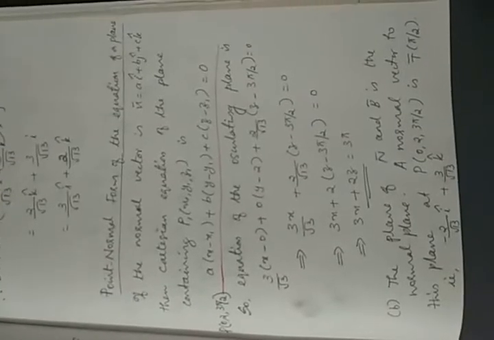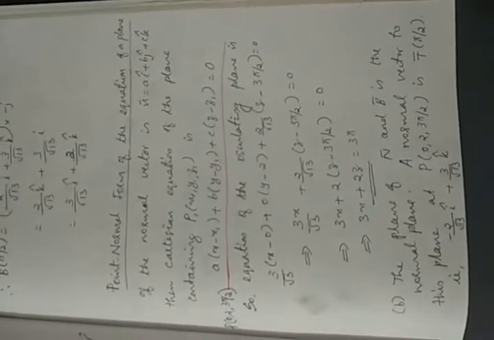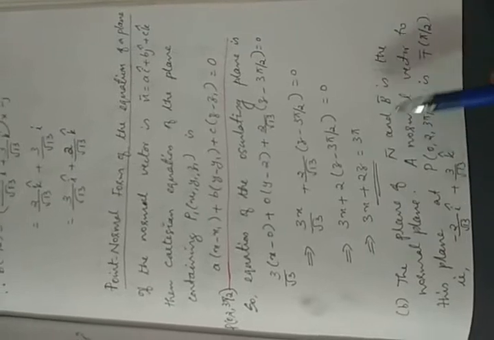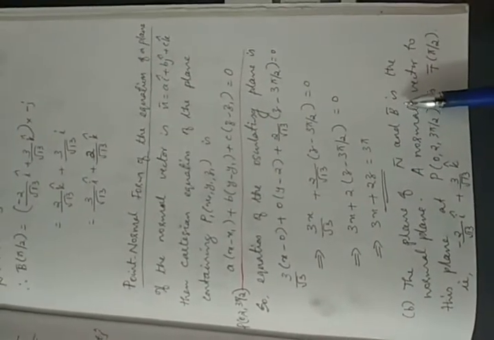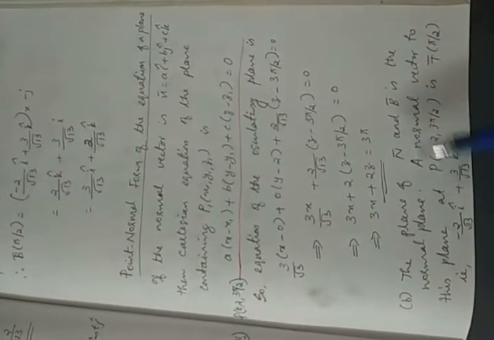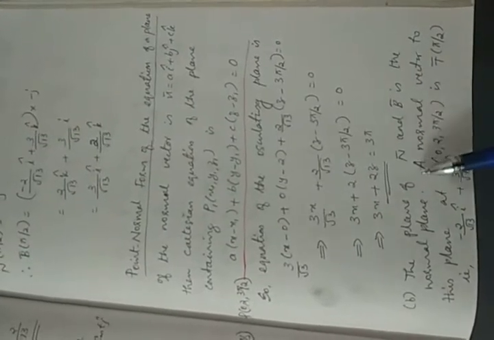Next, we have to find an equation of the normal plane. We know the normal plane is the plane of vector N and vector B. In order to find the equation of this plane, we need a normal vector to this plane.